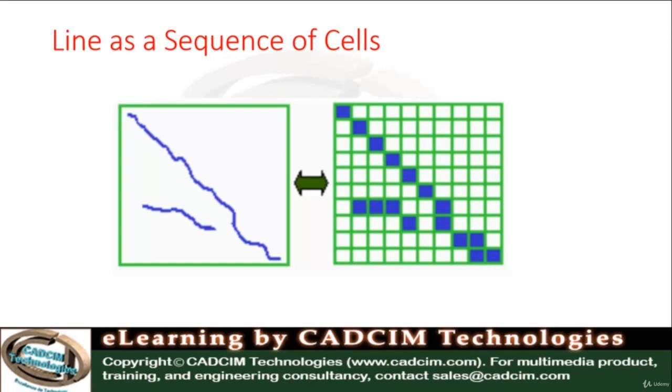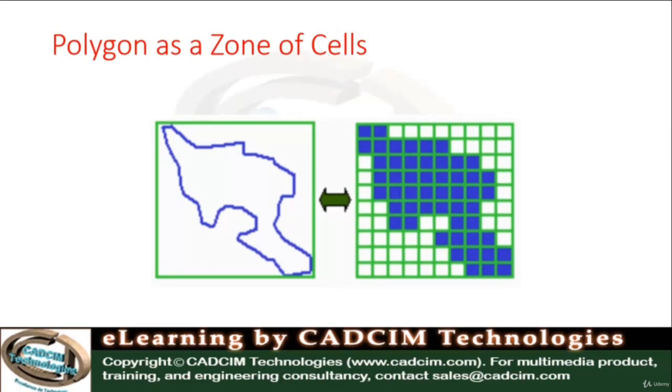Whereas in raster data it is represented by a sequence of cells or grids. Examples of lines are rivers, street center lines, etc. Third is polygon. A polygon in vector data is represented by a set of lines which creates a closed figure, whereas in raster data it is represented by a zone of cells. Examples of polygons may be lakes, large cities, islands, etc.